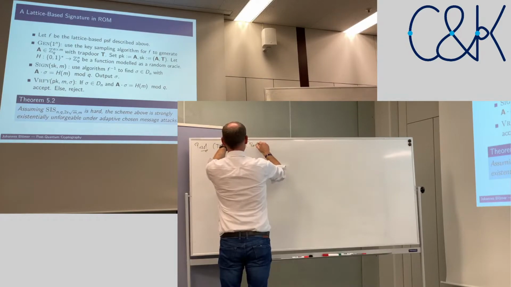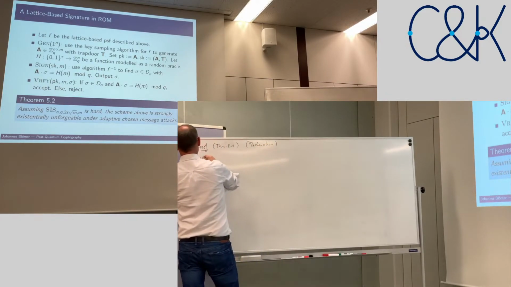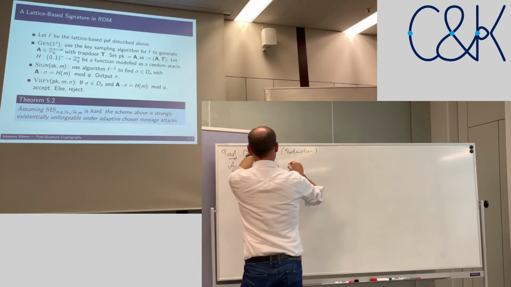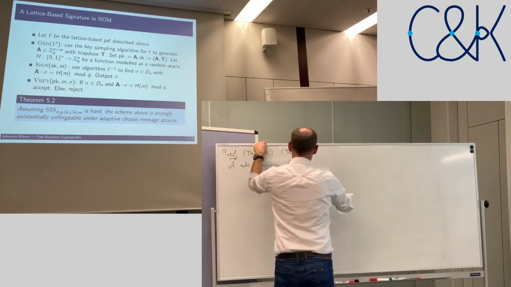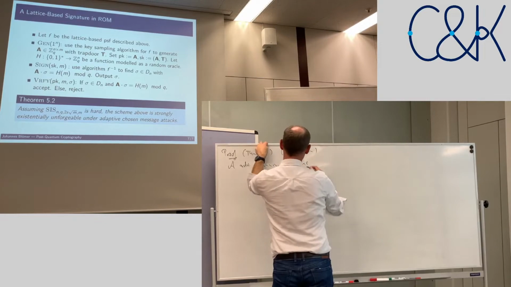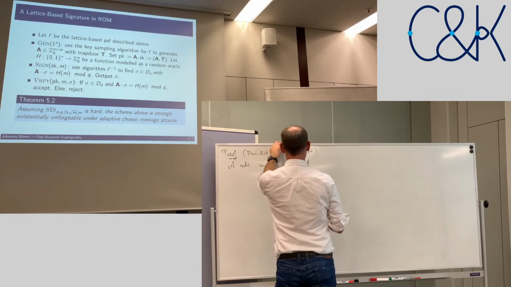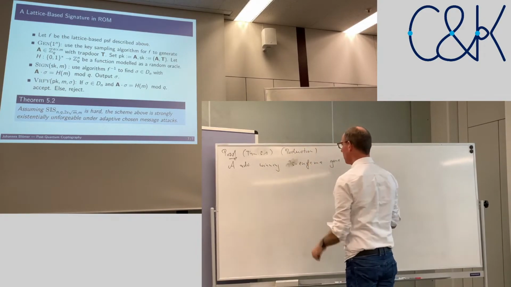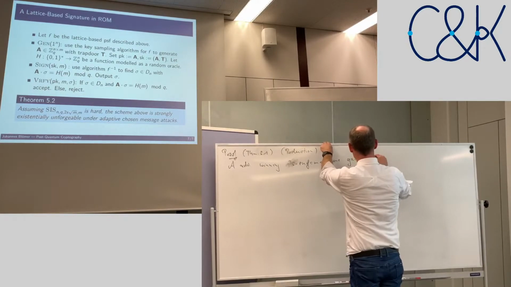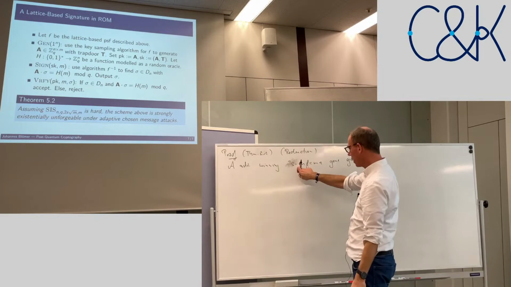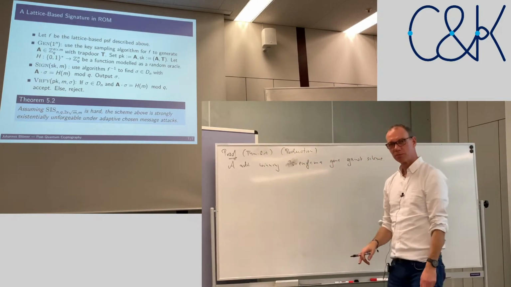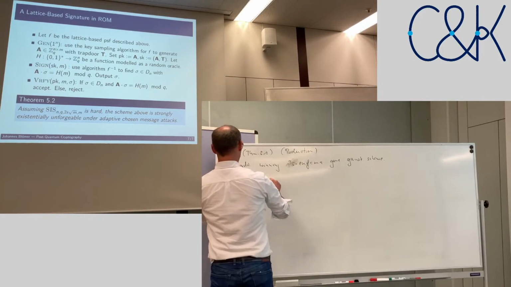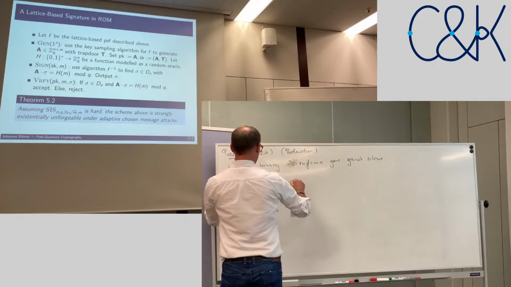A is an adversary winning the strong existential unforgeability under chosen message attacks game against the scheme. And now we construct S against SIS with the parameters n, q, 2s square root of m.